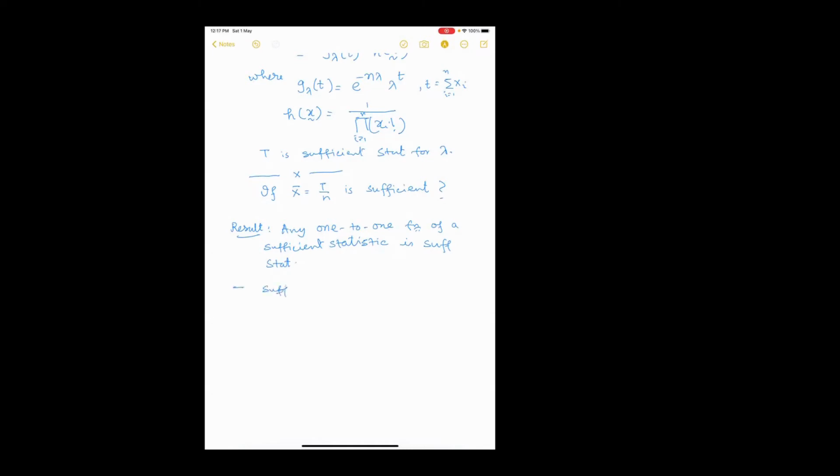Suppose T of x tilde is a sufficient statistic. Somehow we know, either by the factorization theorem or by Fisher information's theorem that we showed previously, that somehow we figured out one sufficient statistic. And we define T star of x tilde equal to R of T of x tilde for all x tilde, where R is a one-to-one function.